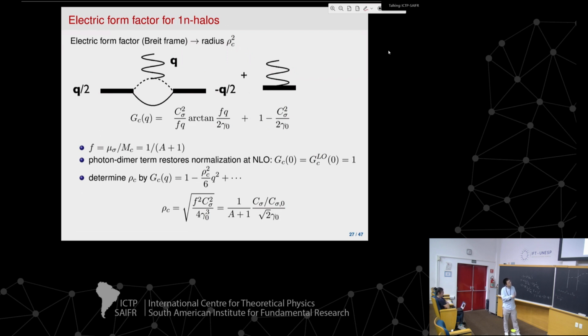So this will be related to these mass factors times this next-to-leading order over leading order ANC ratio, divided by square root of 2 times gamma zero. And this rho C is the radius defining the distance between the core particle and the center of mass of this one-neutron halo system.